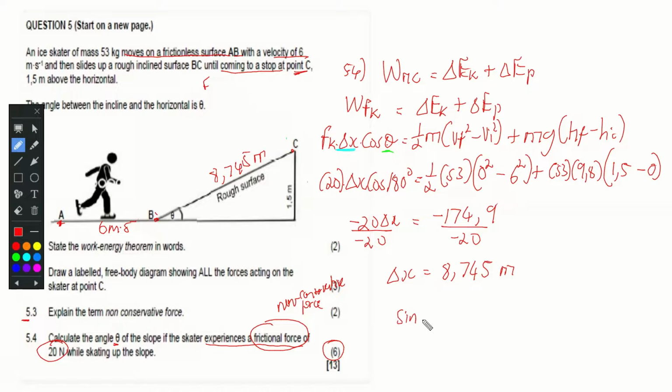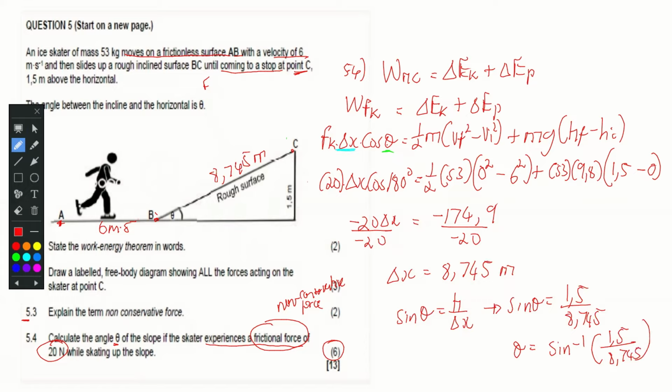So that means we can say sine theta is equal to height over the displacement, which will give us sine theta is equal to height, which is 1.5, and then the displacement, it's 8.745. Now to calculate theta, you're going to say arc sine of 1.5 over 8.745, and then punch all of that into your calculator.